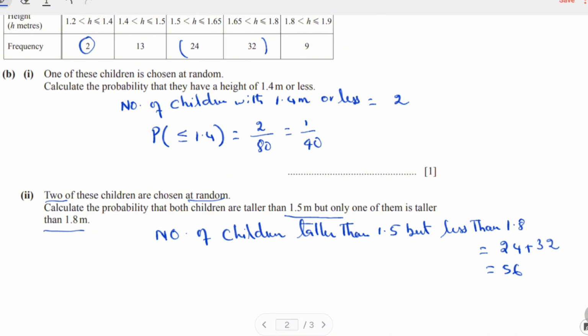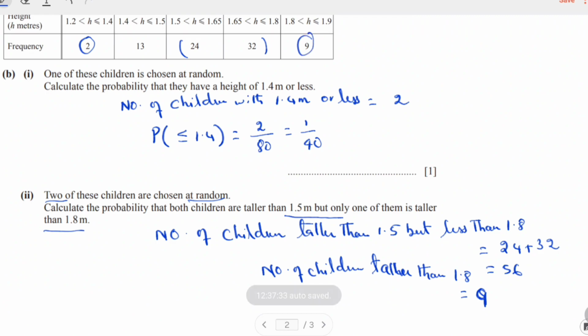One child has to be definitely taller than 1.8. The number of children taller than 1.8 is 9. So this is the only case.